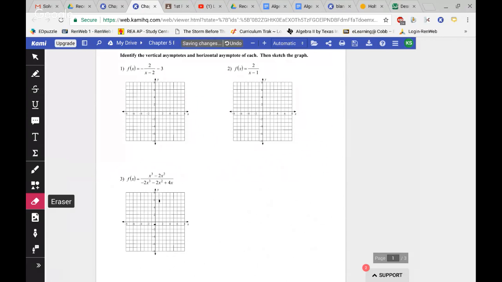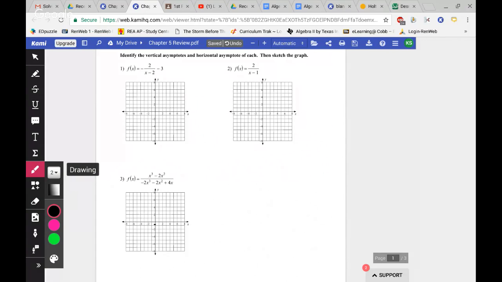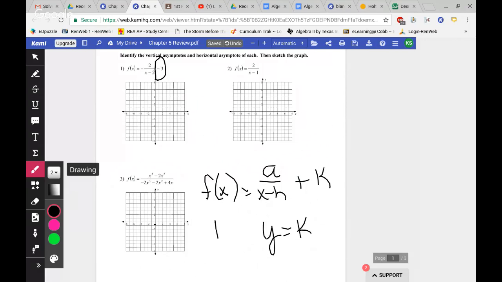And that is because, and I hope y'all wrote this down on that note where the horizontal asymptote is, on a simple one where it's f of x equals a over x minus h plus k, y equals k is the horizontal asymptote. So it's whatever this little animal is right out here. When it's simple like that.